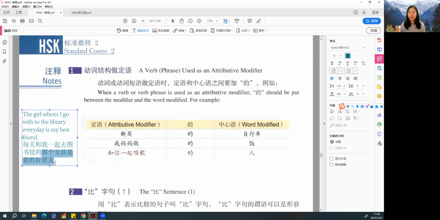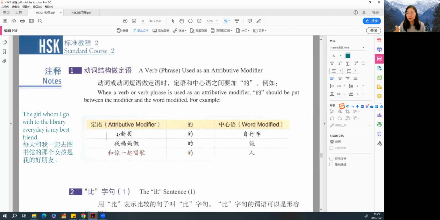That's totally fine. But I want to specify which girl. We just make the sentence, use 的 to make this part an adjective, a description. And then the real object here is that girl is my best friend. So that's how we use a verb as an attributive here.